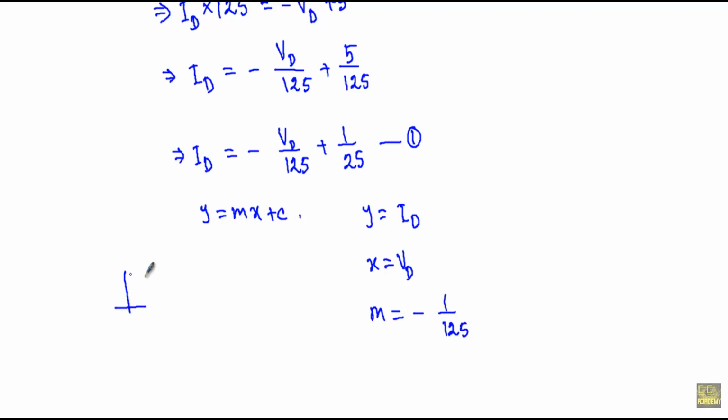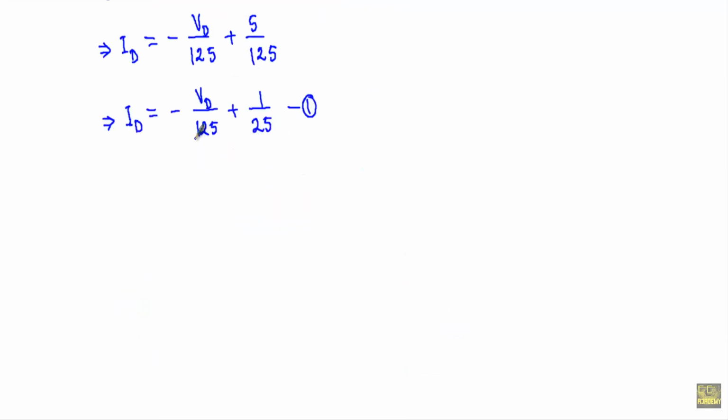If the slope of a straight line is positive, it will take this shape, but here the slope is negative, so I can expect that it will take a shape like this. And here you will see the y-intercept equal to 1 by 25. So I can say that this equation number 1 represents an equation of straight line. So I can draw our diode load line from this equation. Now I will draw diode DC load line from this equation number 1.